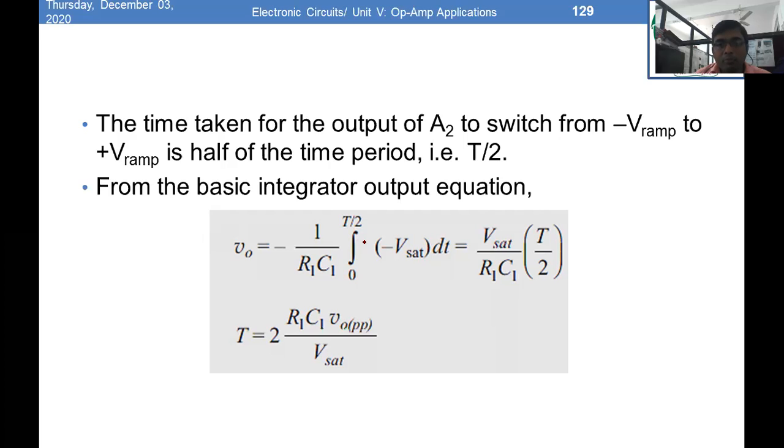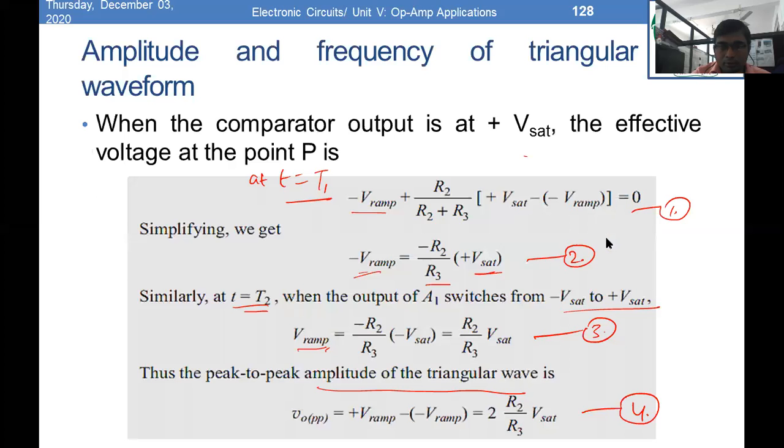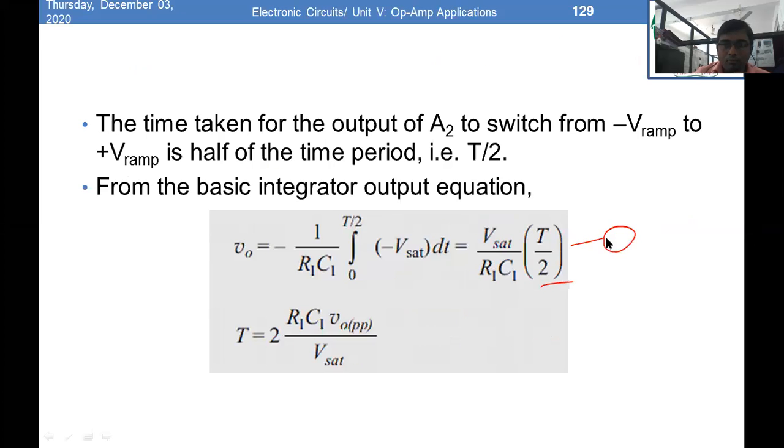Integrate from 0 to T upon 2, half of the time period, minus Vsat dt. So it would be Vsat upon R1 C1 times T upon 2. So this would be equation number 5 here.